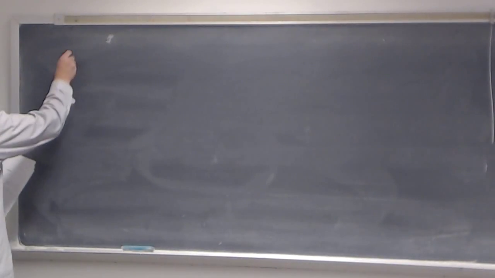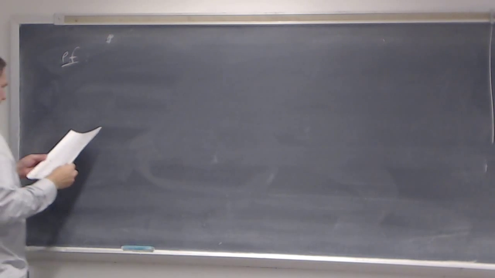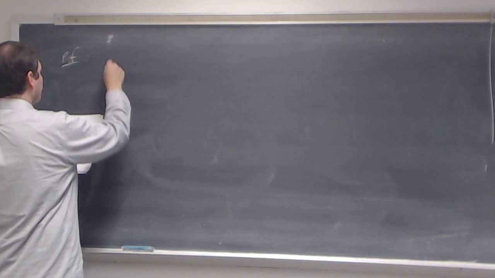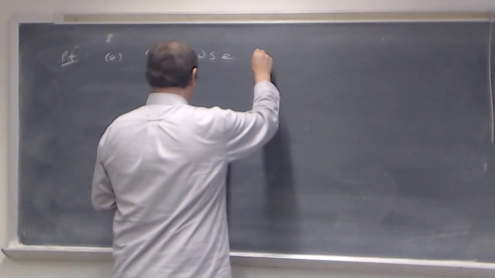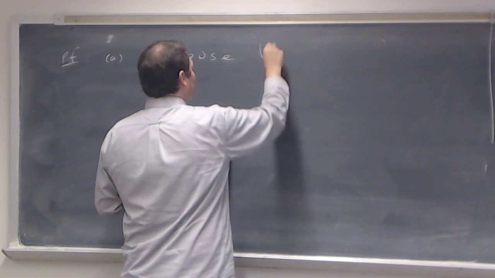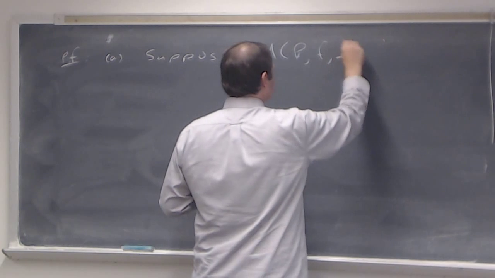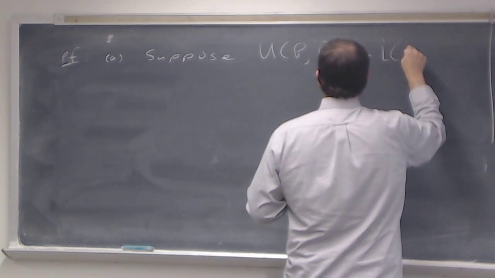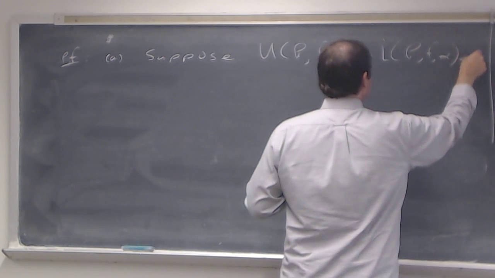These statements are easy to prove, and so here's the proof. We'll start off with part A. We're going to suppose that the upper sum with this partition minus the lower sum with this partition is less than epsilon.